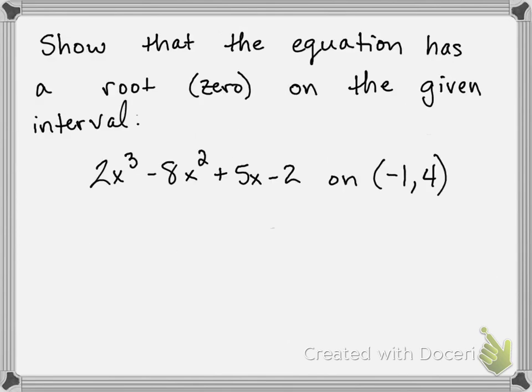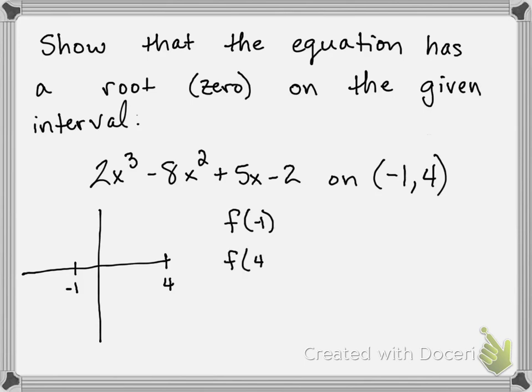So when you have problems with the intermediate value theorem, all you have to do is think about my graph. Here's negative 1, here's 4. We need to know if there's something at f of negative 1 and something at f of 4.